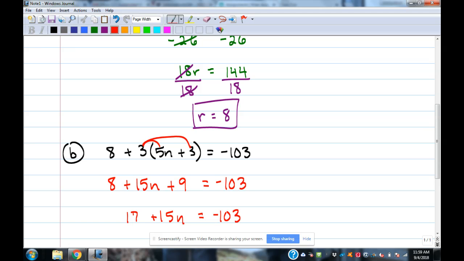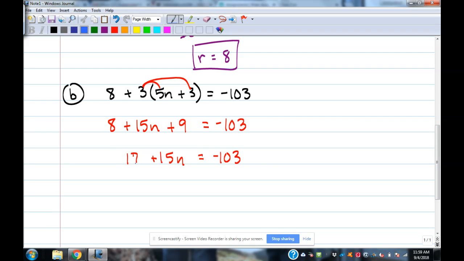Which one of those should move, the 17 or the 15n? 17. Because it's like the negative 103. It's a regular number, so we're going to move it. Subtract it because it's positive. There's 15n. Negative 103 minus 17 is negative 120.